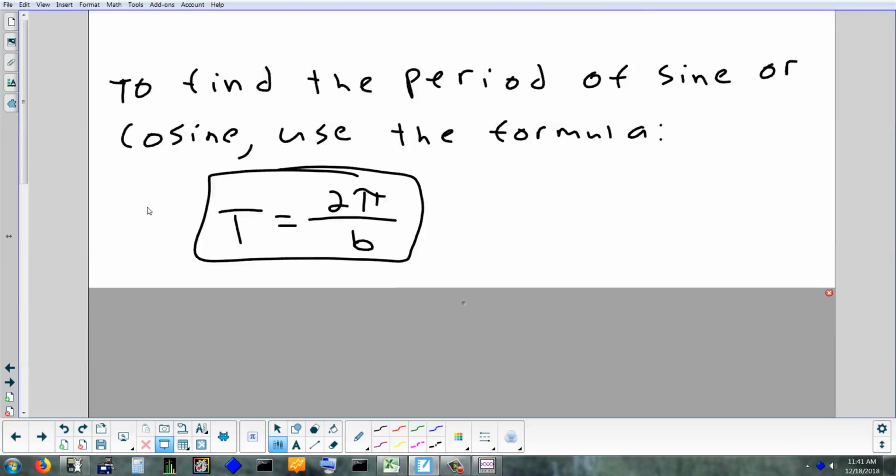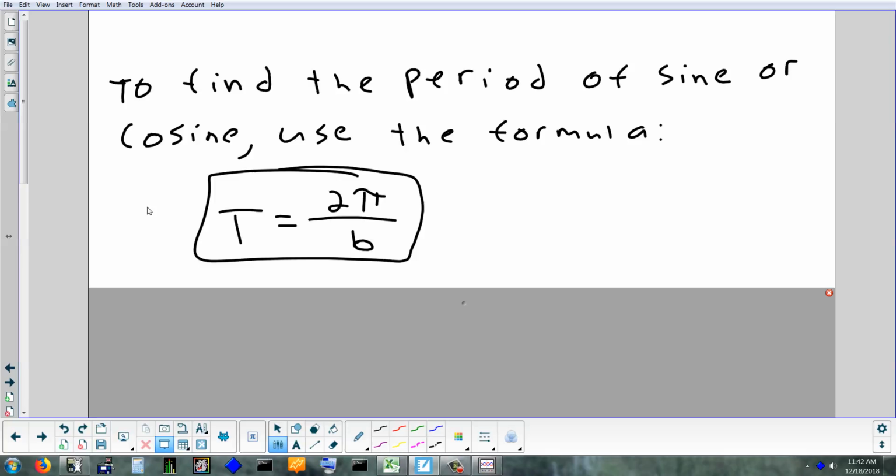Bless you. Must be the frequencies that could cause you to sneeze. If you play 57 hertz, it clears your sinuses right out. Probably not. So 2 pi over b.